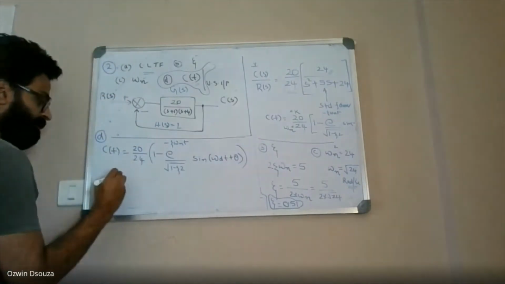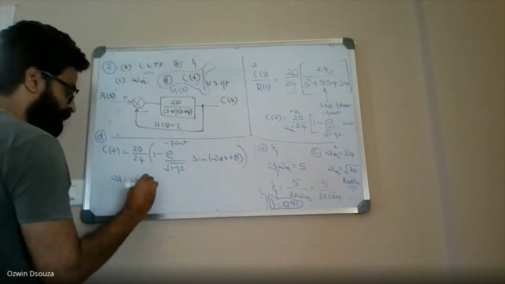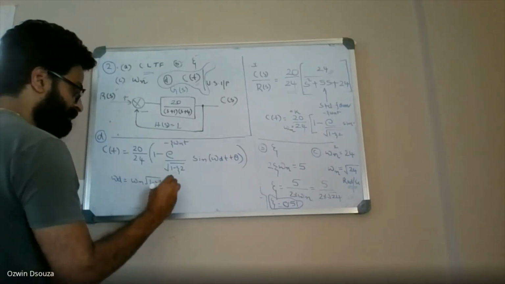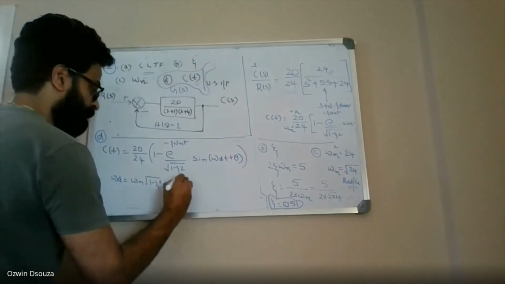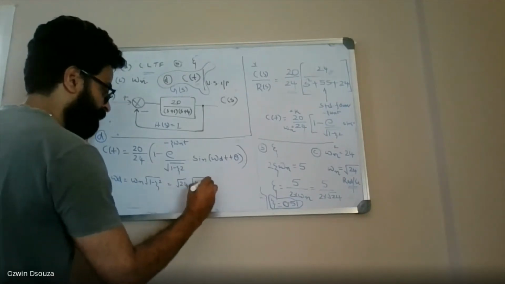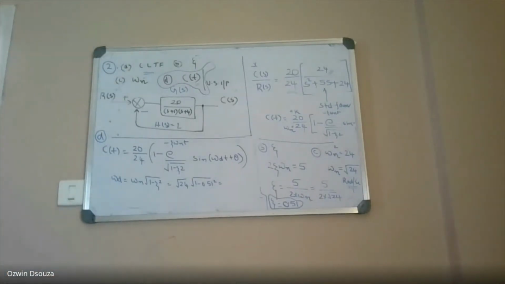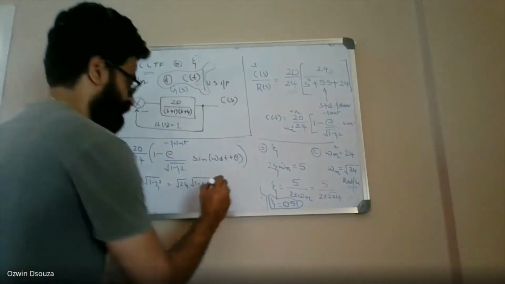Where omega d is equal to omega n into under root 1 minus zeta square, that is under root 24 into under root 1 minus 0.51 square.